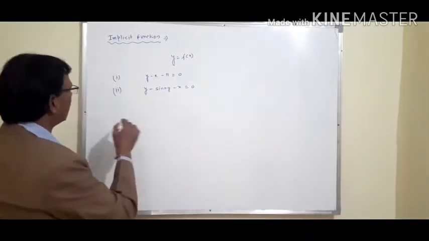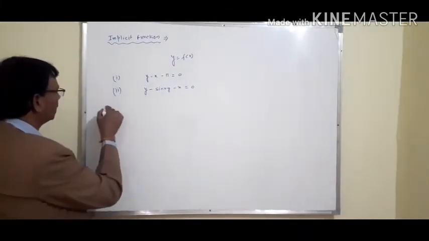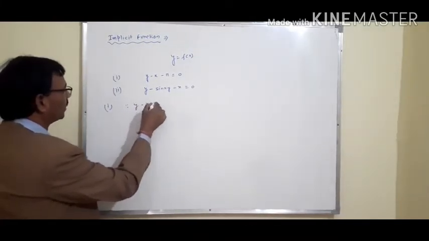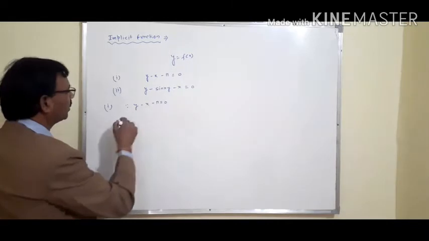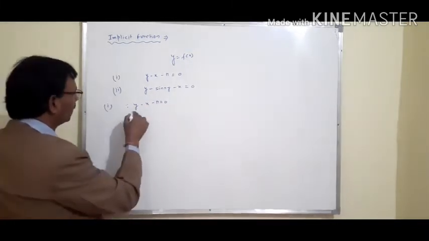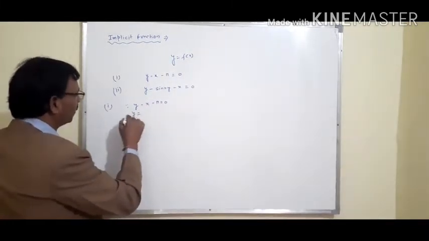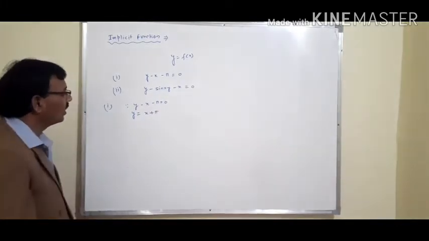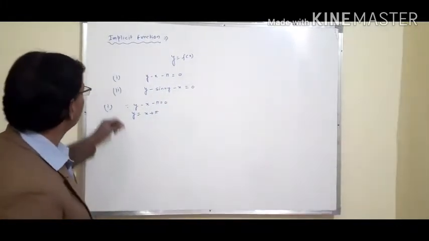First we think about the first one. Since y minus x minus pi equal to 0, we can solve this relation for y equal to x plus pi. This is very simple.